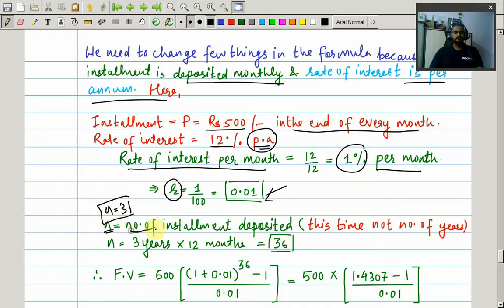N is the number of installments deposited, not the number of years. So N is equal to 3 years into 12, so 36. 12 times in 1 year. So in total, in 3 years, we are depositing 36 installments of 500 rupees.